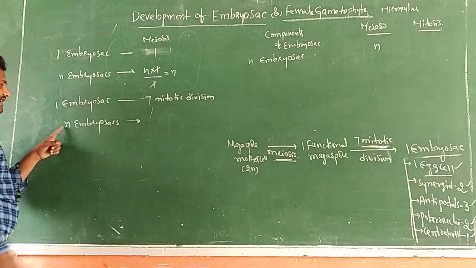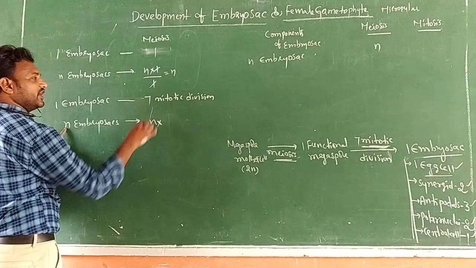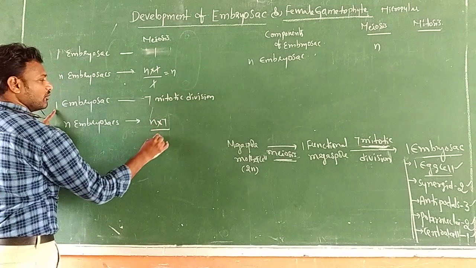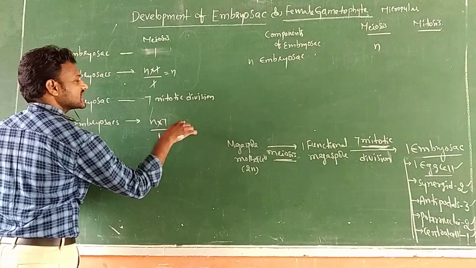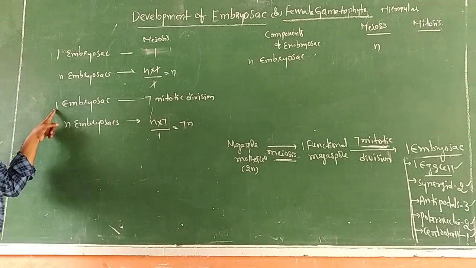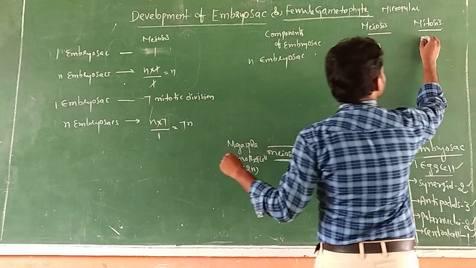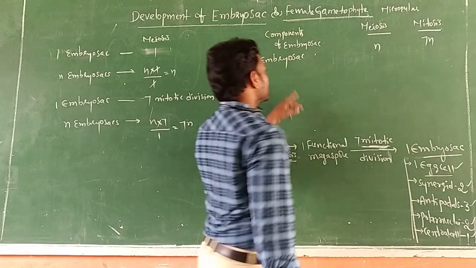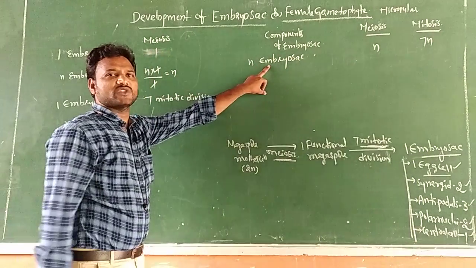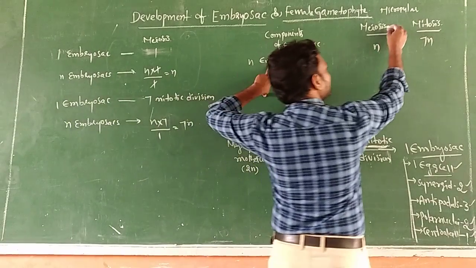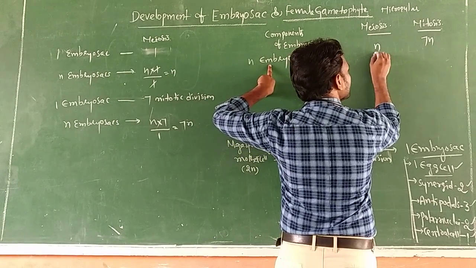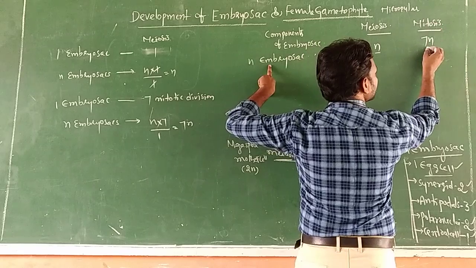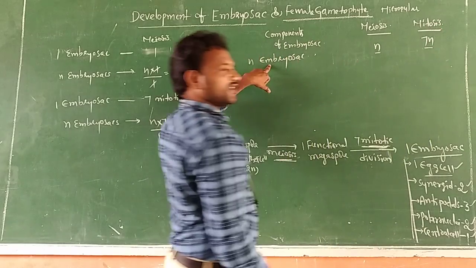Cross multiplication: n into 7 by 1 equals 7n. So for the formation of n embryo sacs, one meiosis each means n meiosis, and 7n mitosis.